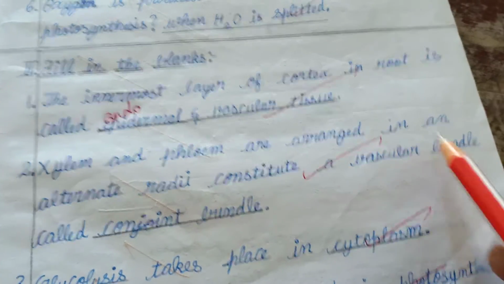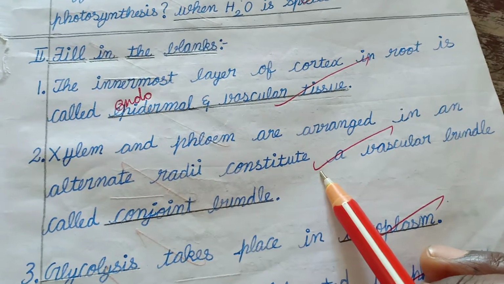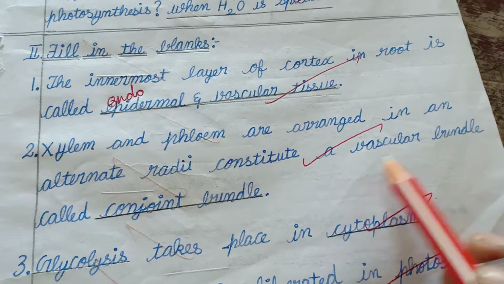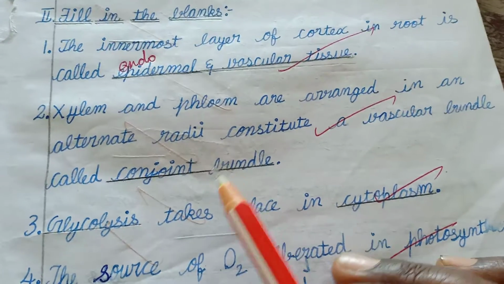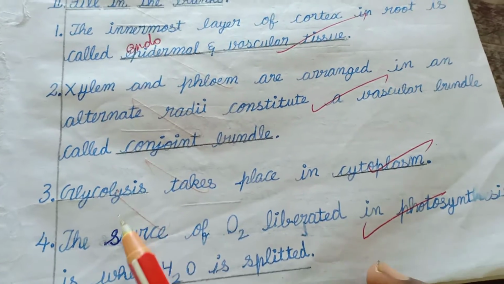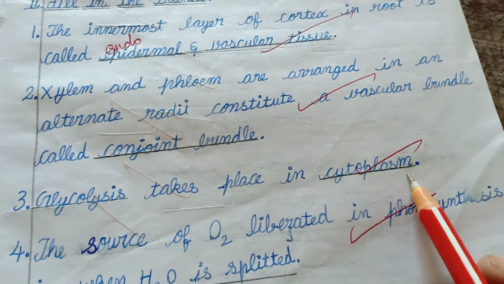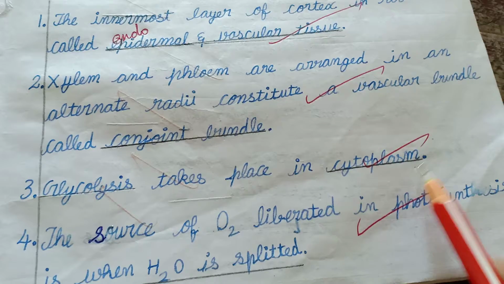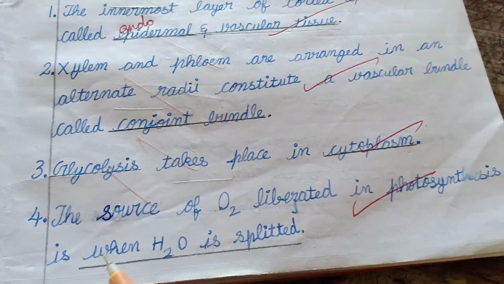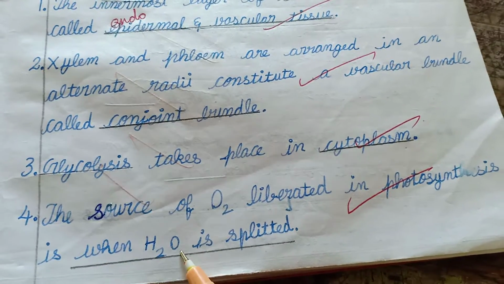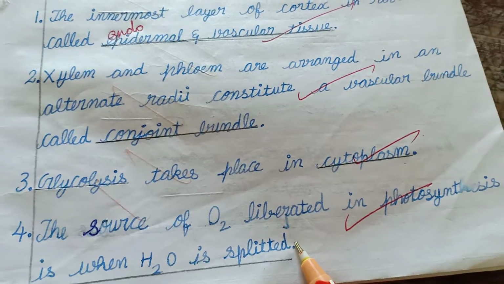Xylem and phloem arranged on the same radius constitute a vascular bundle called conjoint bundle. It is called conjoint. Glycolysis takes place in cytoplasm. The source of oxygen liberated in photosynthesis is when water is split.